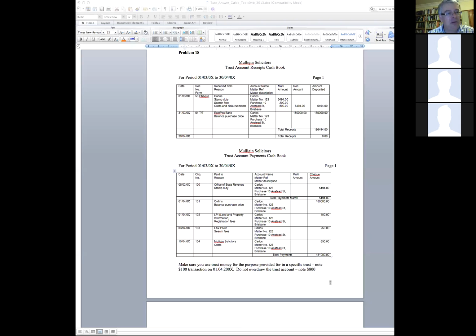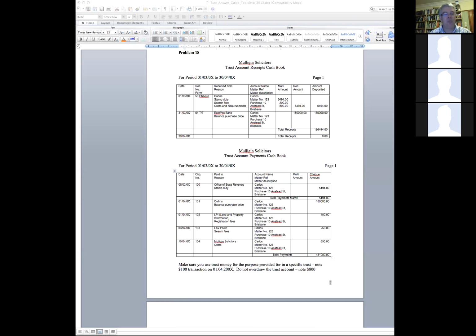You have to ask yourself on each payment, do you have the authority to make the payment in the amount that's requested? So what we're asked to do is to draw a trust account cheque in favour of Mulligan Solicitors for $800 in fees. Okay, so this is a cheque to our general account in payment of our fees.